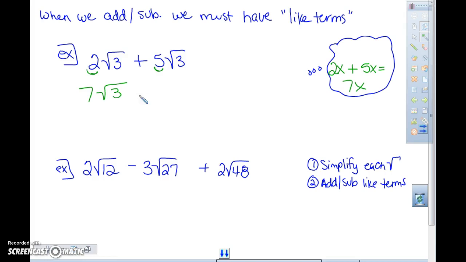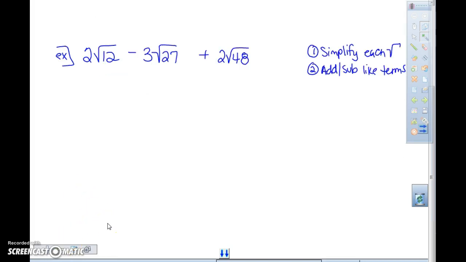Look at the second example. It looks a little different. Write it down, and then we'll do it. Okay? Each one individually. So I'm going to take this 2, bring it down, and break 12 down into maybe 6 and 2.